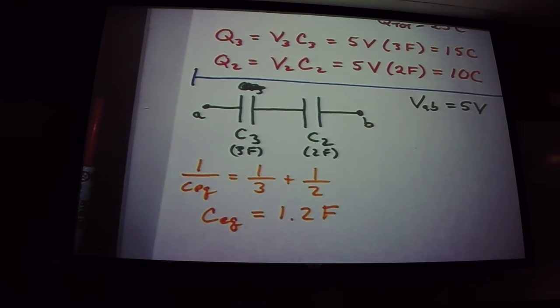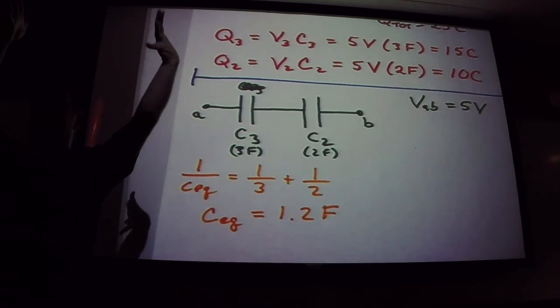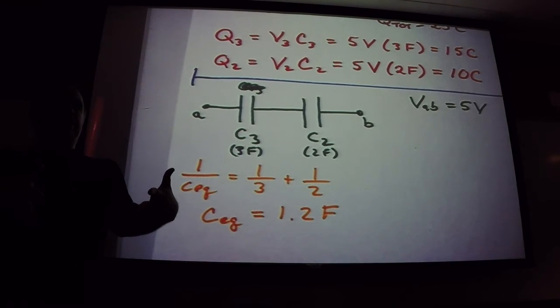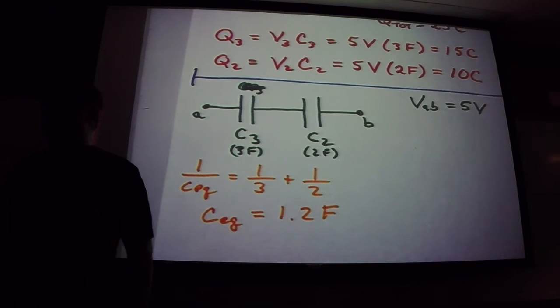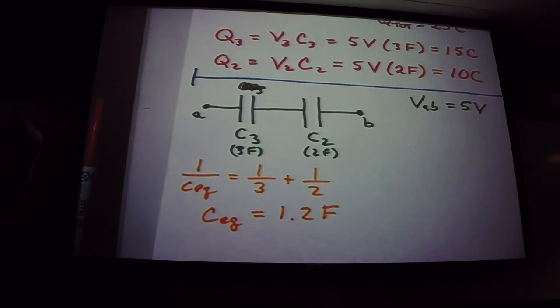I don't care what they are. I don't care if you have a capacitance of 1 farad and you stick it in series with a 100 farad capacitor. The capacitance you end up getting is going to be less than 1, because series is always going to lower your capacitance. If I wanted more capacitance, what do I do? Parallel. Put them in parallel. That'll give me more.